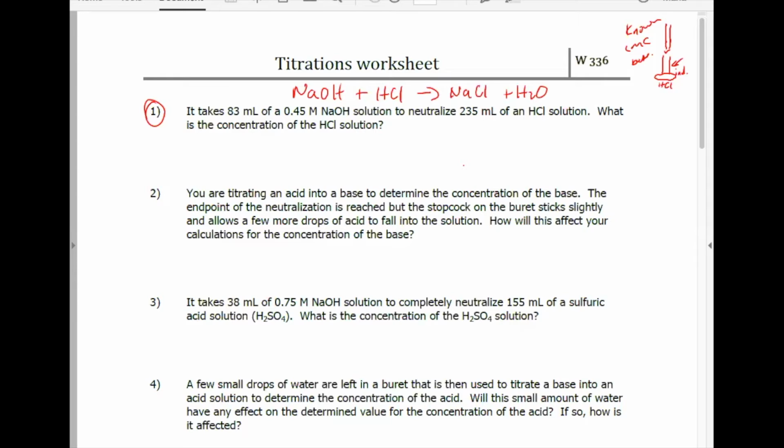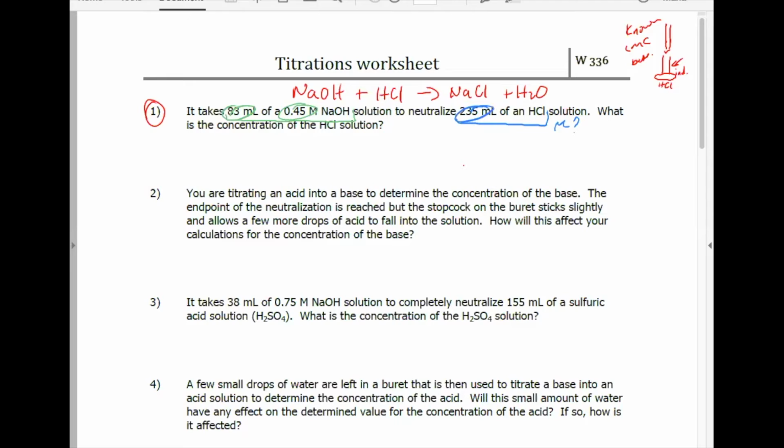So some of the information that we have and that we have to take advantage of is the information for the base. We know the concentration and we know the volume. The other thing that we know is the volume of the HCl, the acid. We don't know what the molarity is, we don't know what the concentration is. So how do we solve these problems?